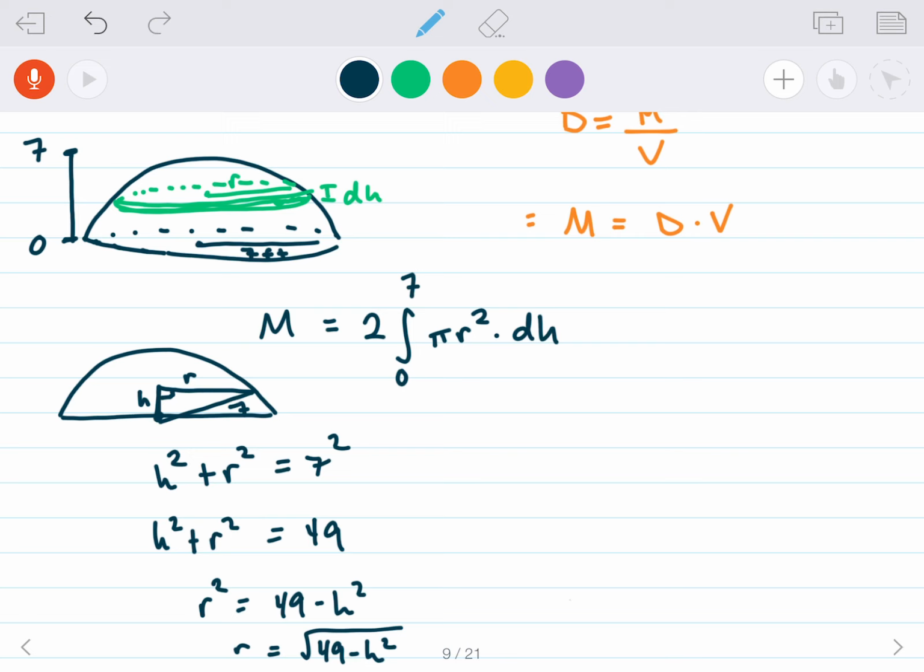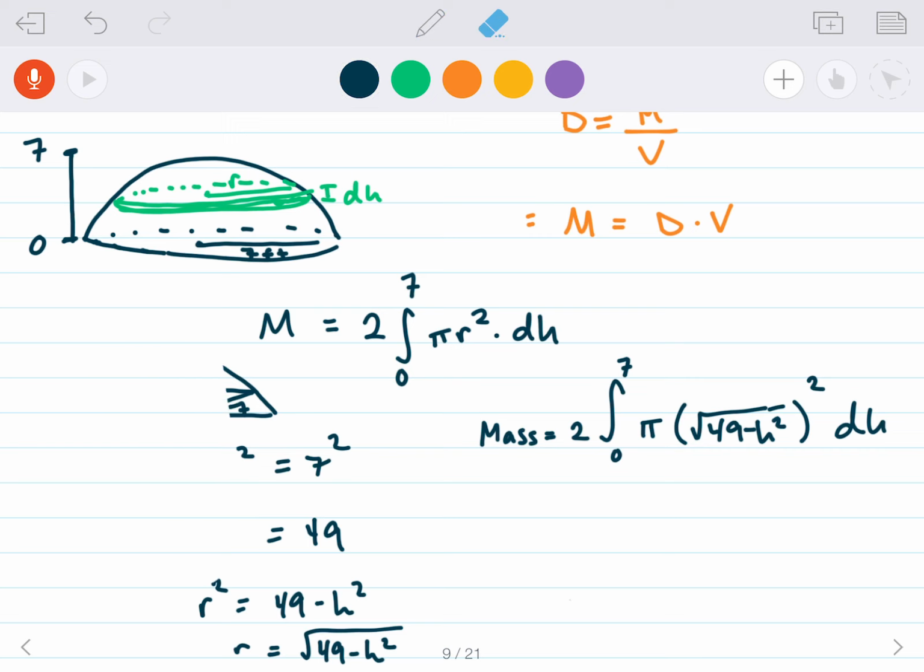So I have that the mass is equal to the integral from 0 to 7 of 2 pi times r, which is the square root of 49 minus h squared, dh. Okay, so far so good.